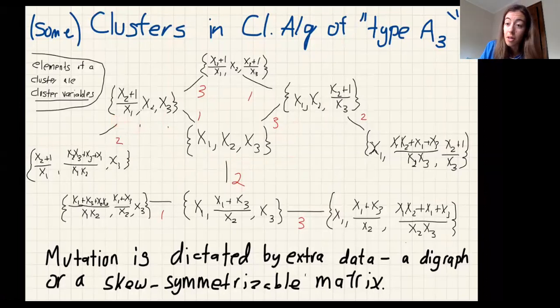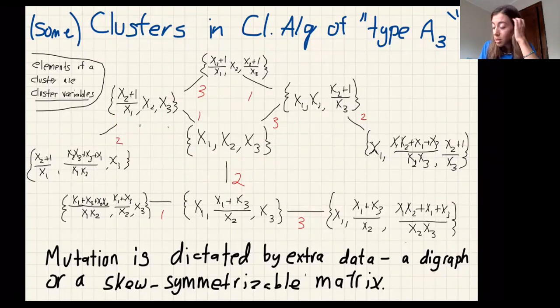The thing I'm not really telling you is how to know what to replace it with. To really do that, we'd have to carry along some extra information, either through a directed graph, which we usually call quivers when we talk about cluster algebras, but it's just a directed graph, or more generally, a skew symmetrizable matrix. That would give us the recipe for how we mutate.